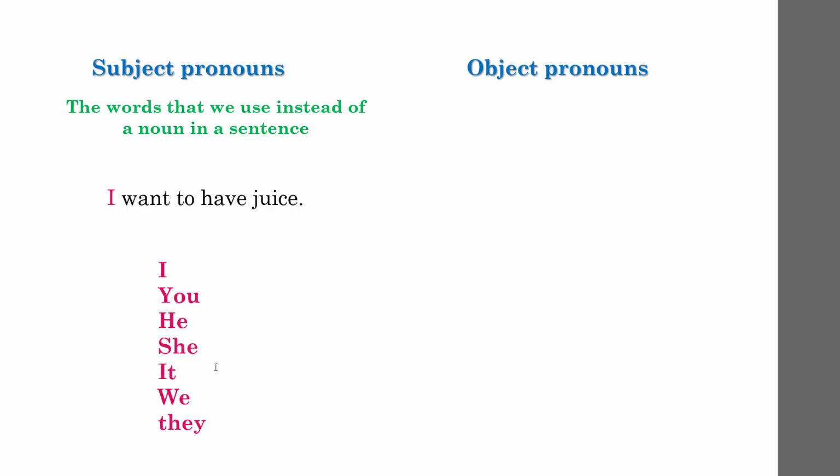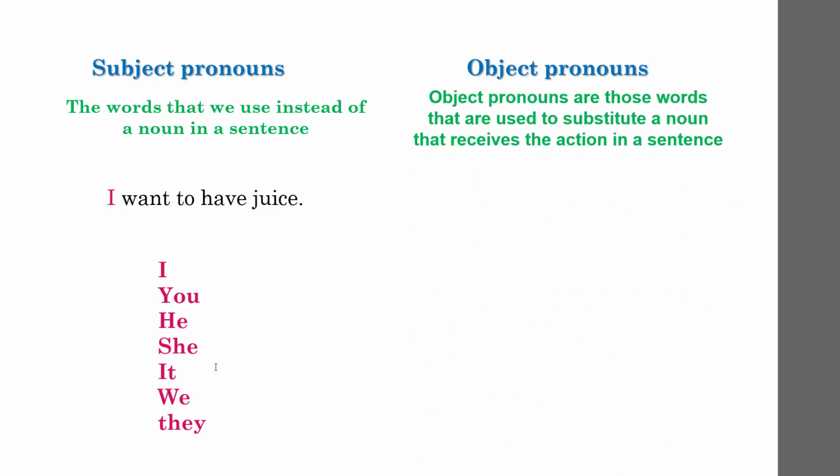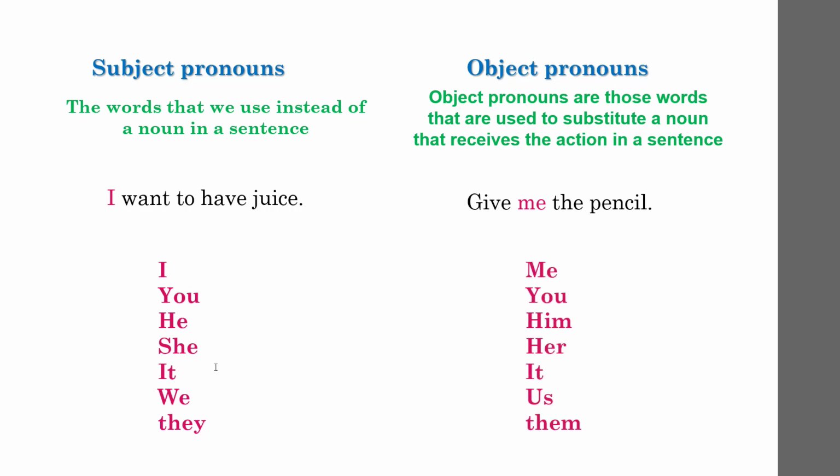Object pronouns. Object pronouns are those words that are used to substitute a noun that receives the action in a sentence. For example, give me the pencil. In this sentence, me is denoted to receive the action. Similarly, we have you, him, her, it, us, them, which can be used as object pronouns.